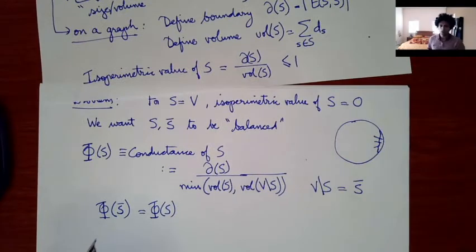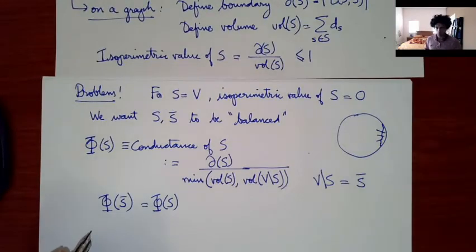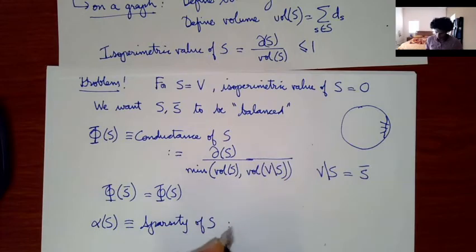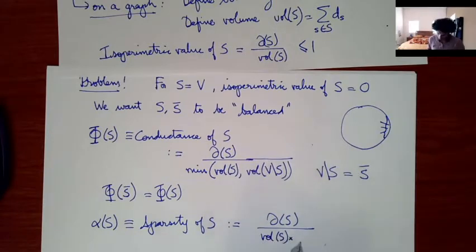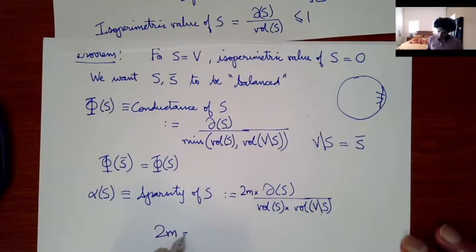There is another quantity referred to as the sparsity of S, which we will also see. This is defined by looking at the volume of S times the volume of S complement, but we do a normalization here. We multiply this by 2m, where 2m is equal to the sum of all degrees, which is the total volume.